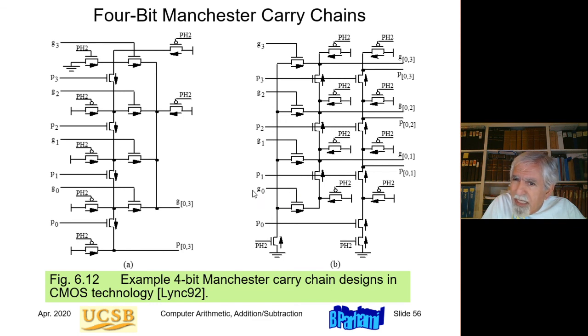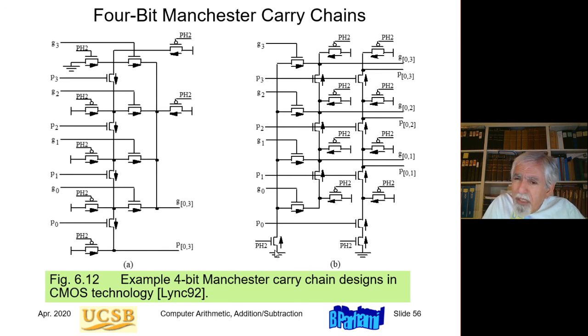It still receives the same inputs, P0, G0, P1, G1, up to P3, G3. It computes the 4-bit block P and G, but also these smaller blocks: the 3-bit block 0 to 2, and the 2-bit block 0, 1. So these intermediate values are also computed, so it uses more of these CMOS transistors to yield that.